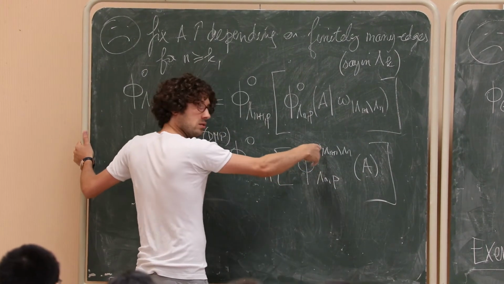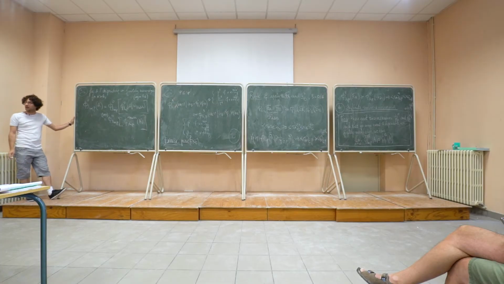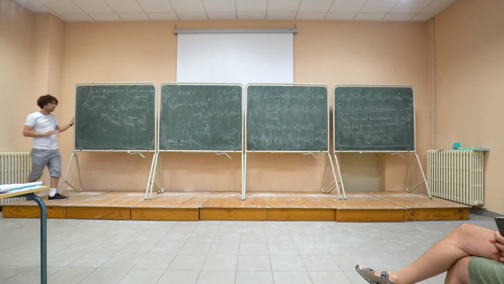But now here, these are some boundary conditions. I don't know them very well. But what I'm certain about is that those boundary conditions are larger or equal to the zero boundary conditions, because the zero boundary conditions are the smallest one.